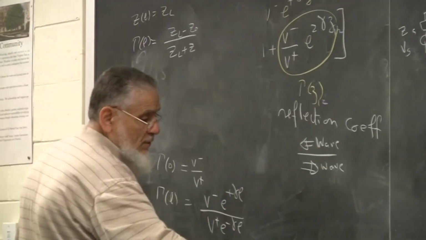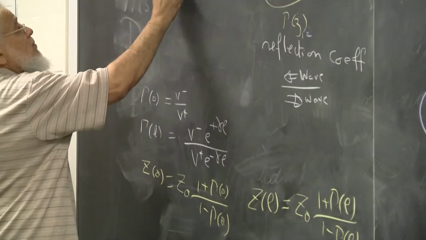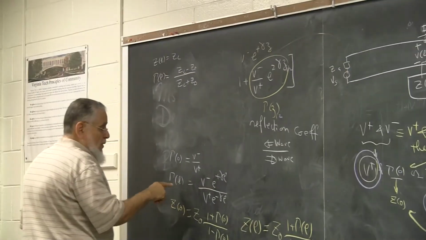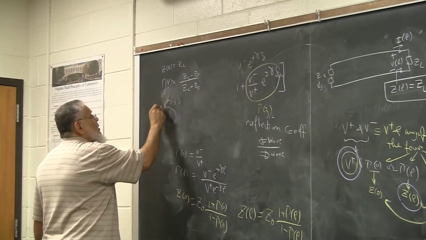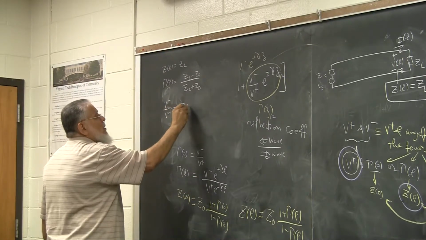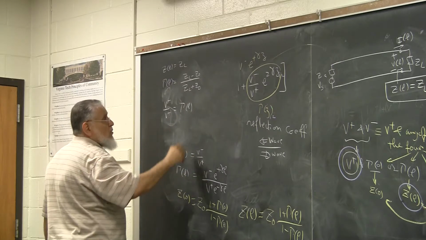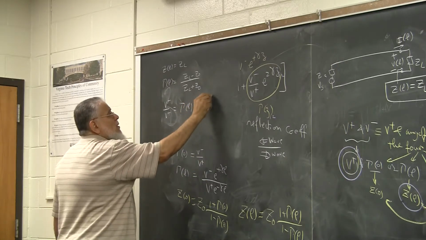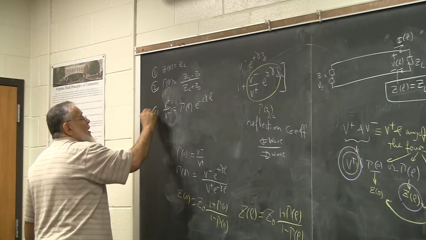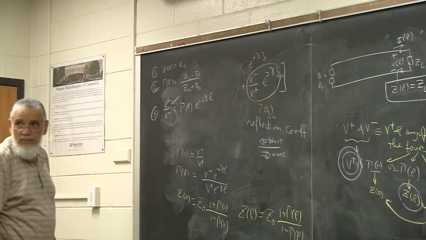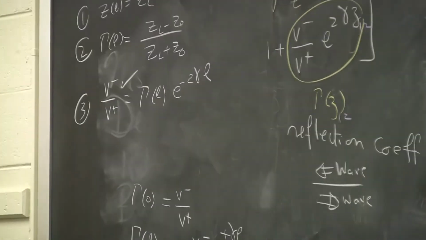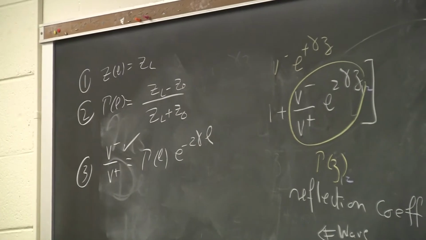If you flip this around, you get that. So I got my gamma of L. Now I can get V minus or V plus as gamma of L times e to the minus 2 gamma L. So step 1, 2, 3, I get V minus over V plus. That's not much manipulation, it's straightforward math.